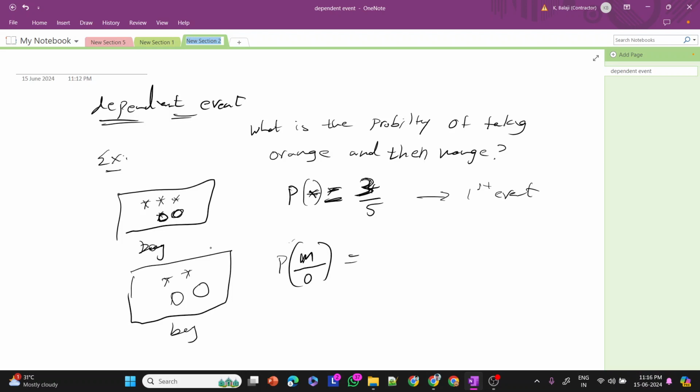After the first event, we have 4 fruits, so 4 is the denominator, and getting a mango has 2, so 1/2 at the second event. This is called conditional probability.